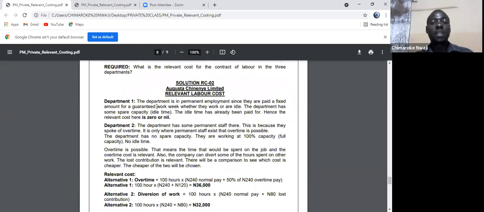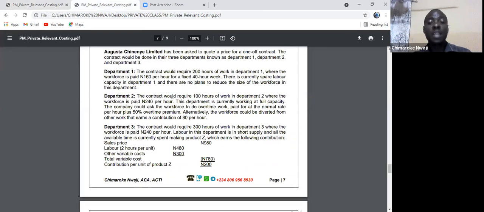Okay, so the question is, in Department 1, is the labor permanent? How do we know? There is something that they said here. The workforce is paid 160 naira per hour. Now take note, for a fixed 40-hour week. You don't do that for temporary workers, and you are paying them 160 naira fixed for a 40-hour week.